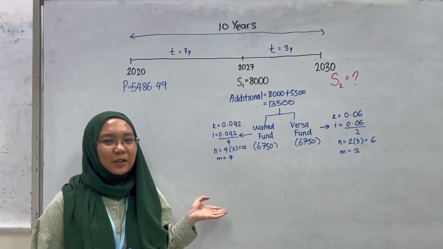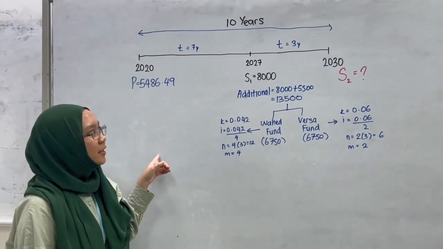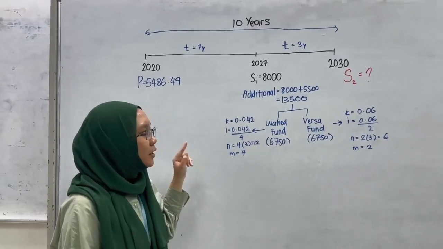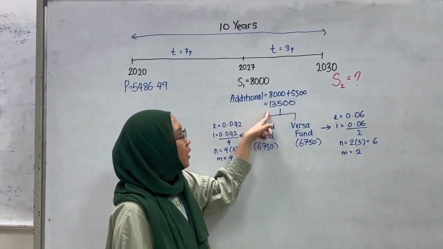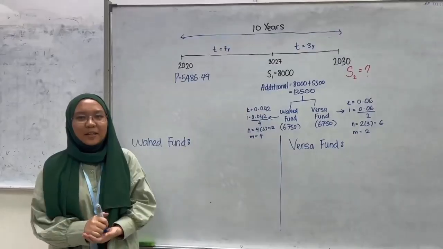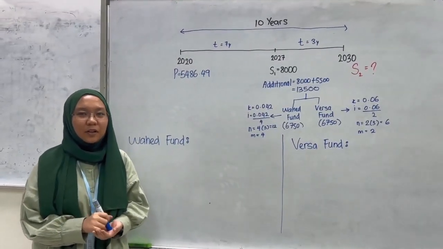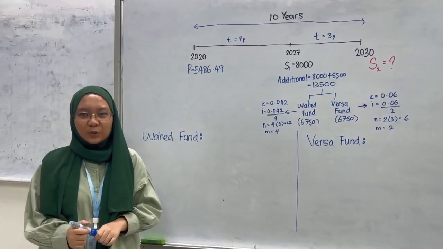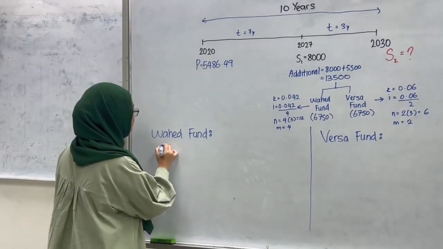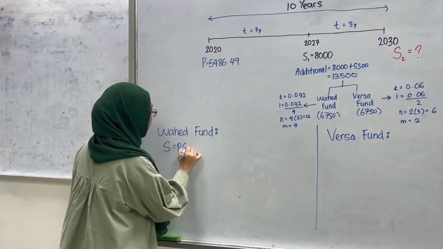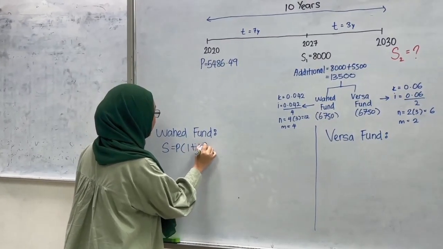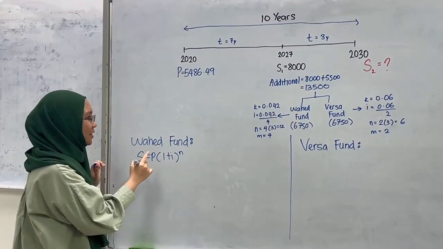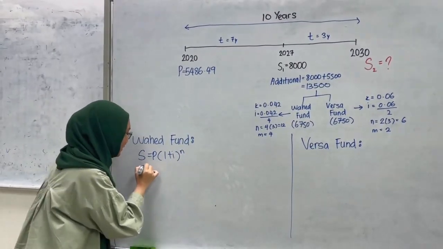So we will continue with this question. In 2027, Amir added 5,500 ringgit into the same fund, which makes the total 30,500 ringgit. So we want to search for Wahid Fund and Faisal Fund maturity value. So we need to use the formula S equals P times (1 plus I)^N. The information was given, so we need to put it in the formula.